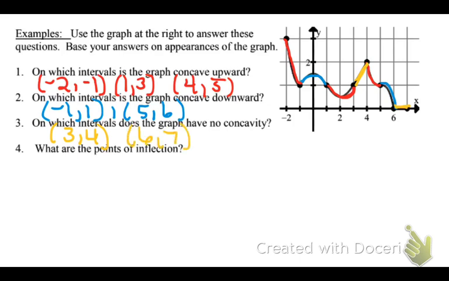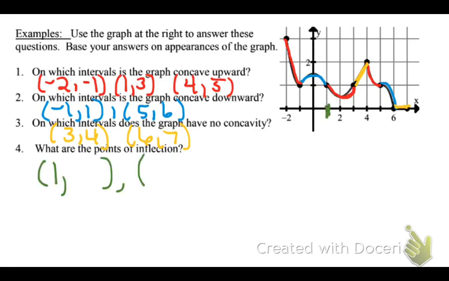Okay. And then points of inflection. This is where we have a change in concavity and the graph has a tangent line. At -1, it has that quick change, so we wouldn't count that as a point of inflection, but we have that gradual change from concave up to concave down at 1.